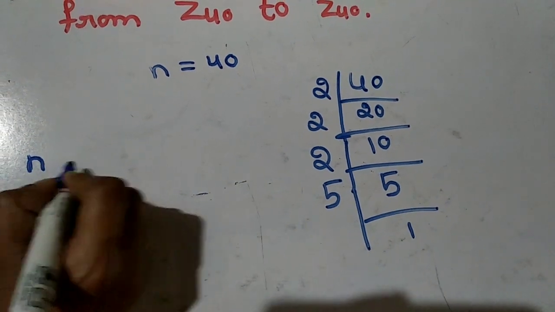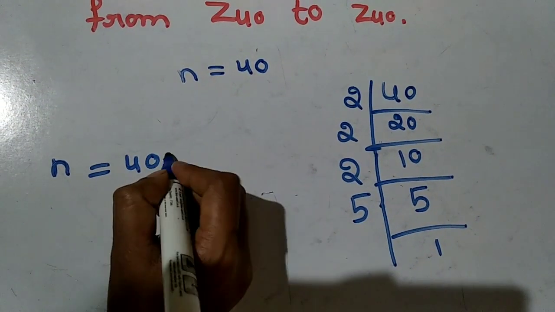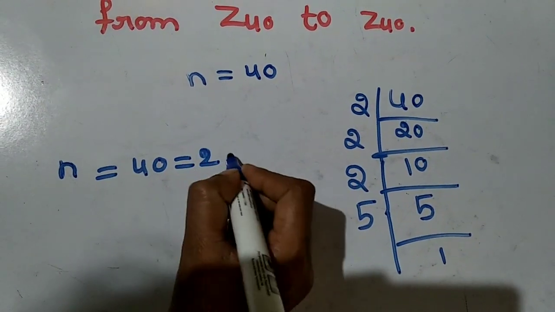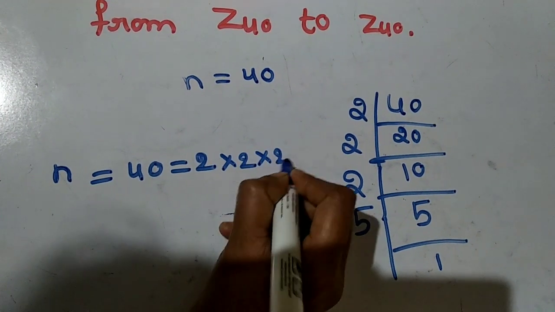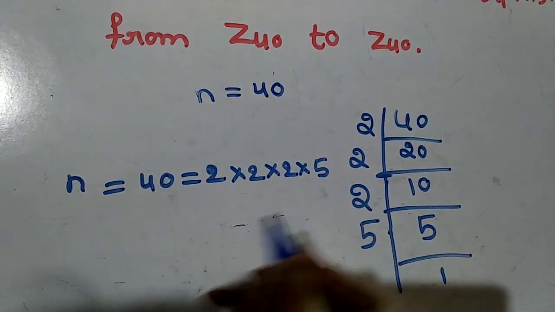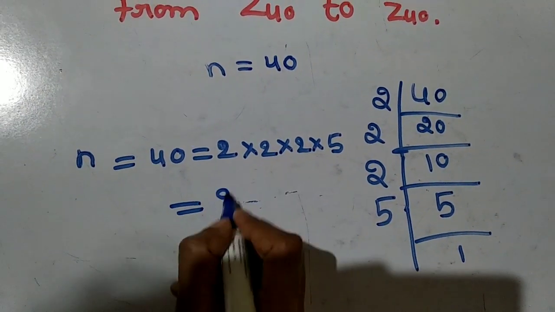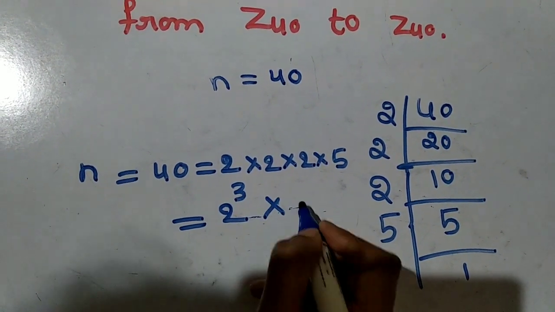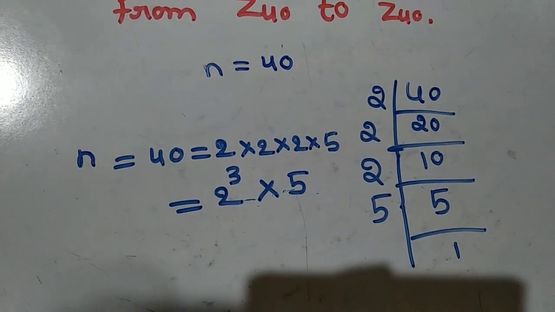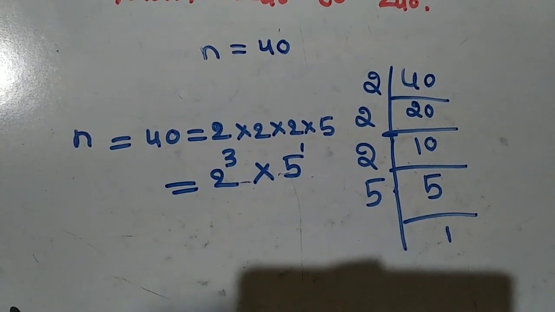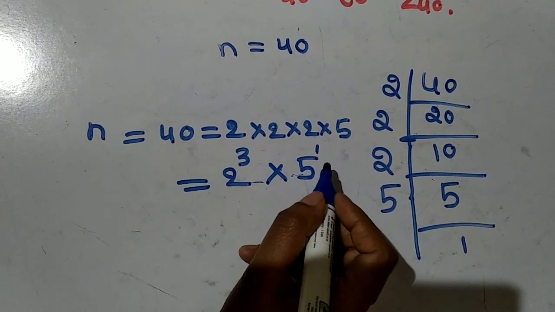So now our n is 40. 40 can be written as 2 cross 2 cross 2 cross 5. Next, here my 2 repeats 3 times, so 2 cubed, and into 5. Here 5 repeats 1 time.